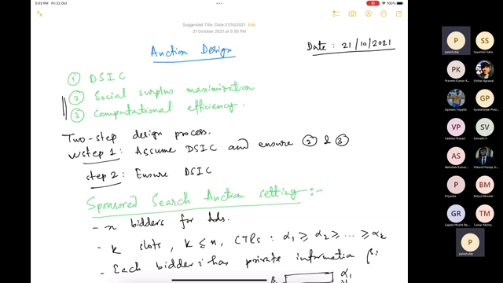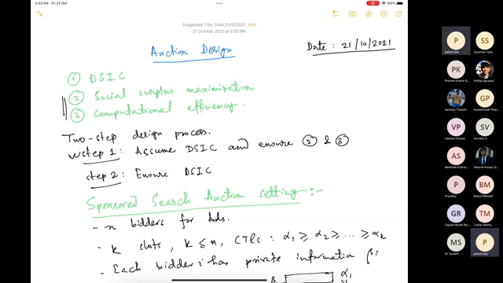So in the last class we were designing auctions for a more general setting, and our goal is a three-step goal, three conditions that we want to satisfy. First is the DSIC property, dominant strategy incentive compatible, which basically says that all the bidders must bid their true valuation.